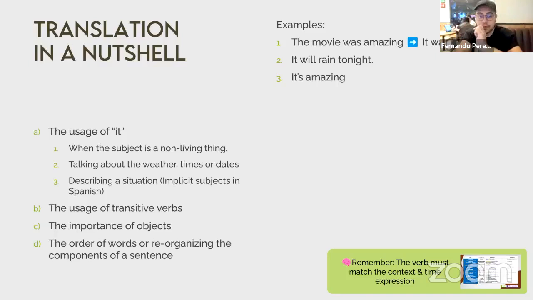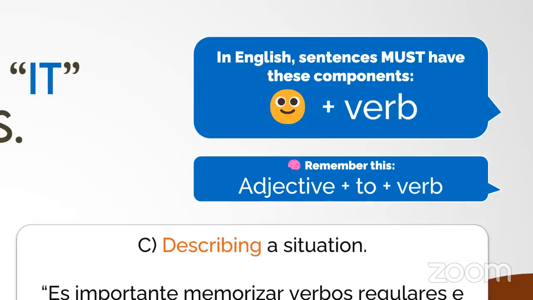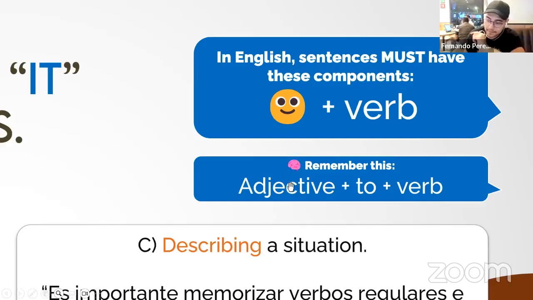Super important. When you are describing a situation, according again to the formula, look at the formula here, Laura. Subject, verb, complement. Look at the second formula. It is adjective. It is amazing to know.